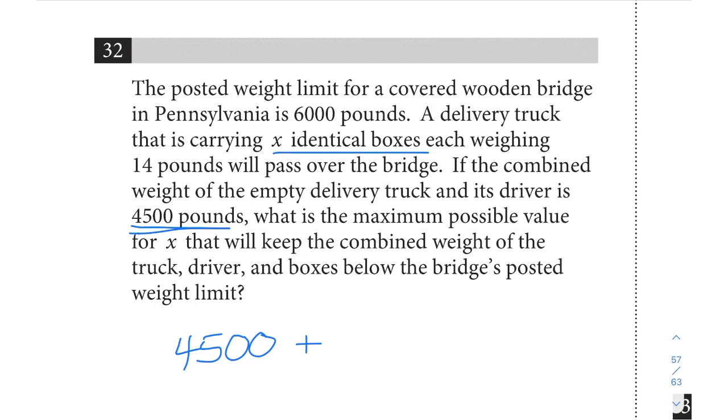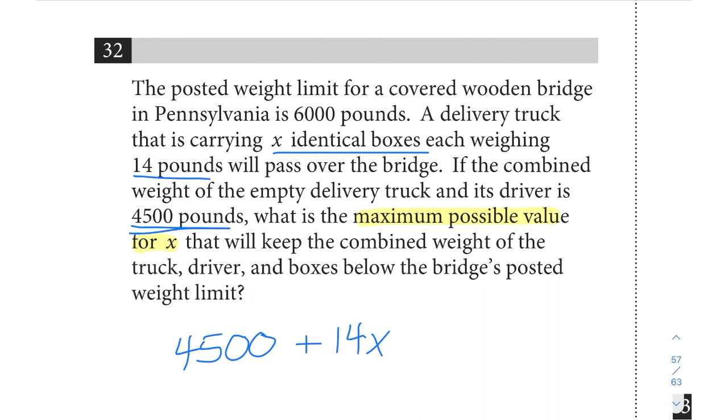And here we have X identical boxes, and they are 14 pounds each. So that would be 14 times however many boxes there are times X. That would give us our total weight of the truck, the driver, plus the boxes. And then here, what's important to note is that they want to know the maximum possible value for X.